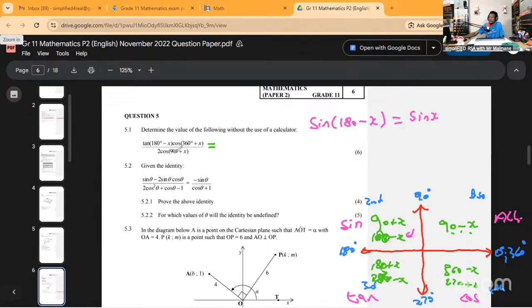So that's how we take it out from there. So if we have tan of 180 minus x, that would then become, wait, I'm tempted to ask, is it going to be positive or negative? Negative. Negative, okay.